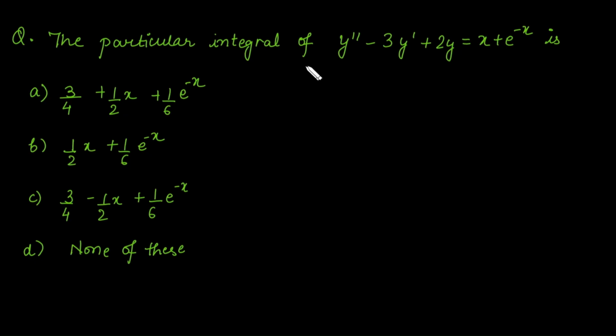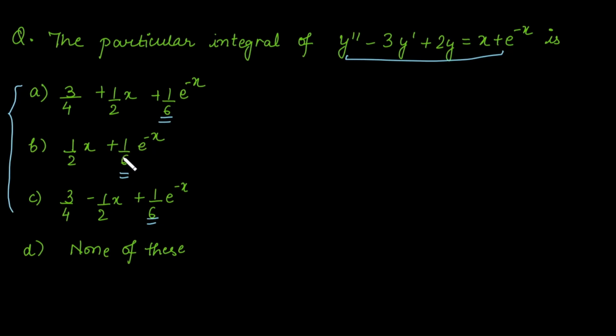Next question is, what is the particular integral of this differential equation? Now I will separate this differential equation into two parts. Why? Because I have observed the options. According to the options, in case of exponential, it has the 1 by 6 factor over here. And in each of three options, the coefficient is 1 by 6.